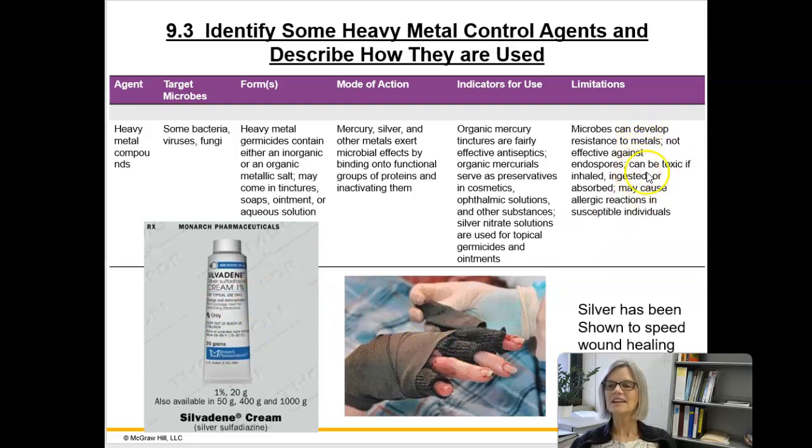You can see here it can be toxic if inhaled or ingested, but we're using this mostly in topical creams, and that doesn't have those complications. So silver is one heavy metal that's used in very low concentrations, but it's been an effective antimicrobial.